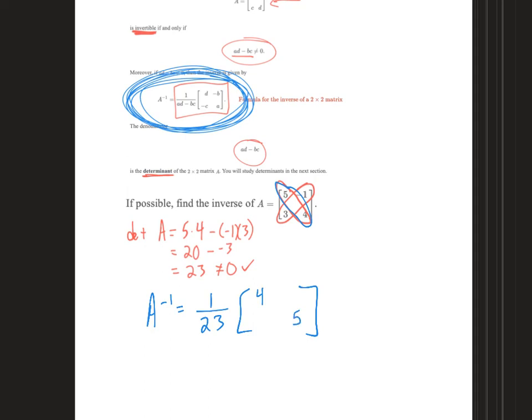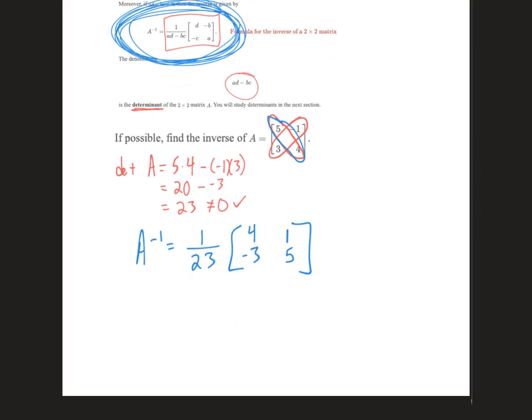B and C stay where they are, but they get multiplied by negative 1, so B becomes a positive 1 instead of a negative 1. C becomes a negative 3 instead of a positive 3. So now I'm just doing scalar multiplication. I'm multiplying each element by 1 over 23. So I've got 4 over 23, 1 over 23, negative 3 over 23, and 5 over 23. And that is my inverse.